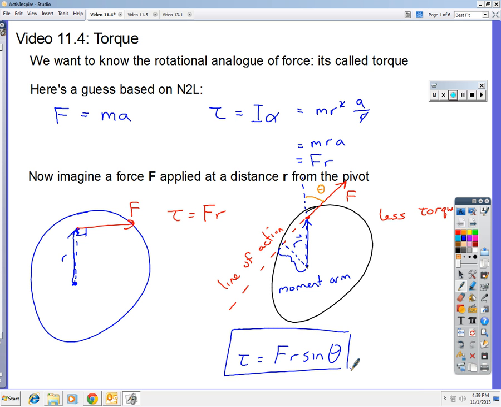And that is the definition, or that is how we will calculate torque. It's the rotational analog of force, and it depends not only on how much force there is, but how far from the pivot it's applied, and also what angle it is.